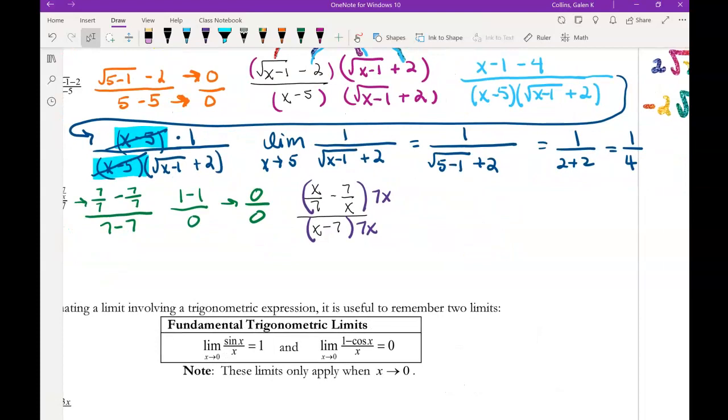So when I distribute the multiplication of 7x over this subtraction, that first fraction becomes 7x squared over 7. The second fraction becomes negative 49x over x.